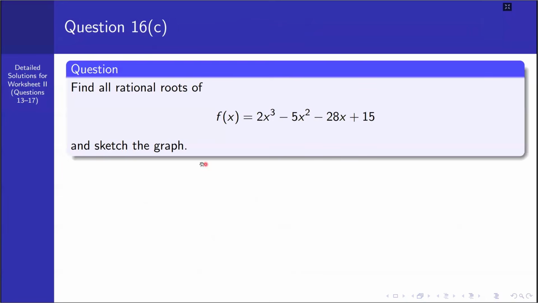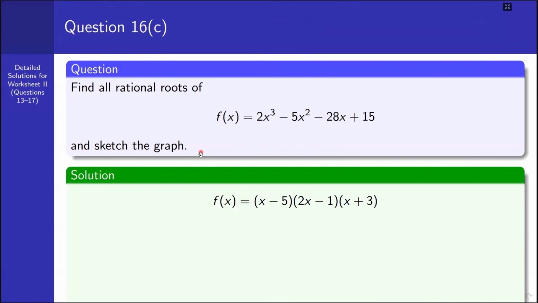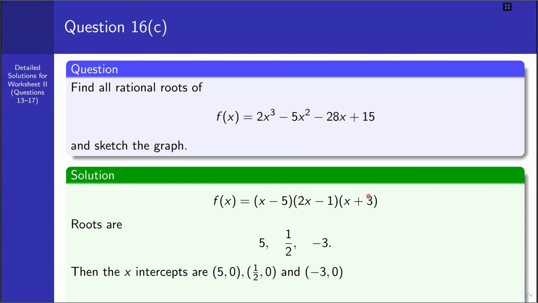Okay, next: find all rational roots of this polynomial function and sketch the graph. It is a similar question. First we look for the roots by using factorization. The roots are 5 from the first linear factor, 1 over 2 from this, and minus 3 from this one. Having found the roots, what we need to draw the graph is the x-intercepts. So the x-intercepts are 5 0, 1 over 2 0, and minus 3 0.